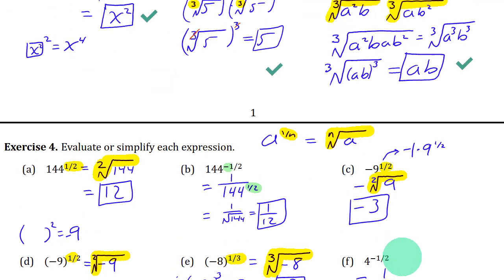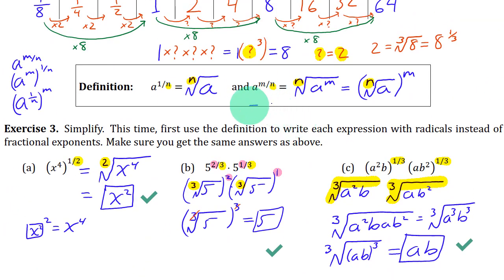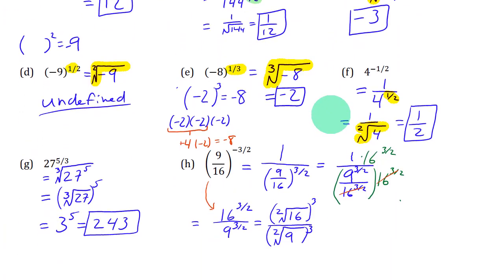So again, this is using this part of the definition here. So the square root of 16 is 4. The square root of 9 is 3. So you have 4 to the power 3 over 3 to the power 3, which gives you 64/27.